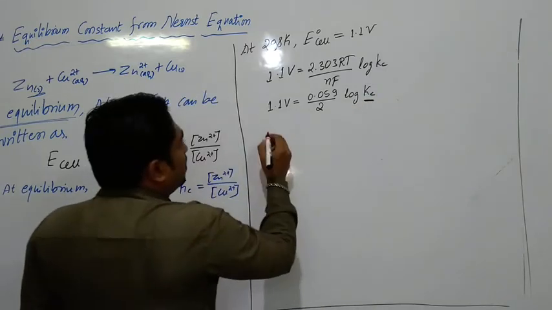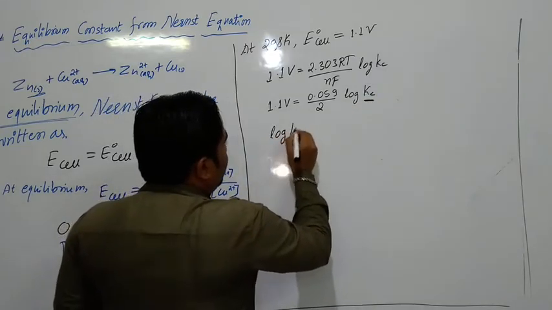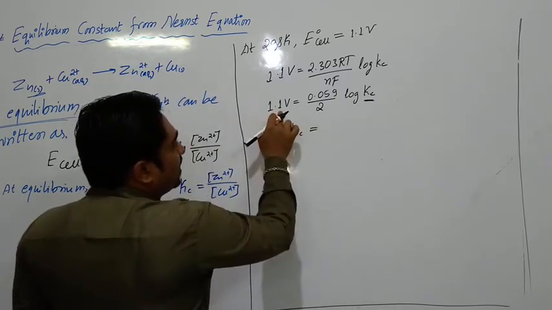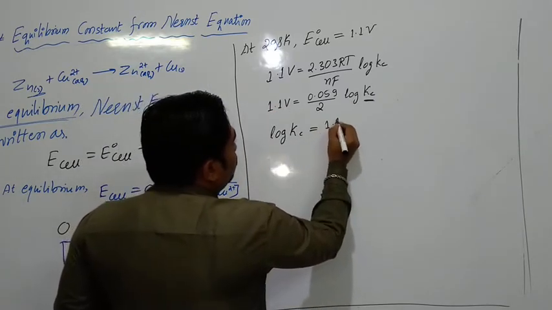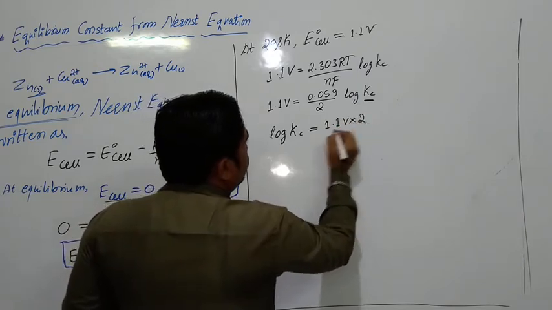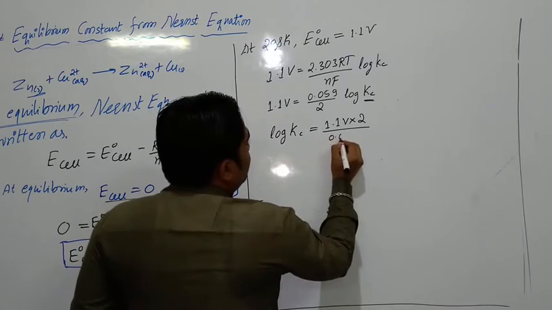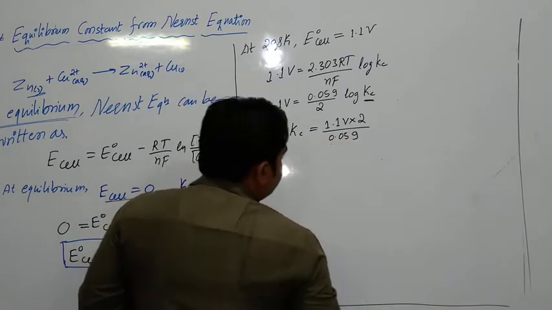So for this I will take log of Kc is equal to, this 2 goes to this side, 1.1 volt into 2, divided by 0.059.